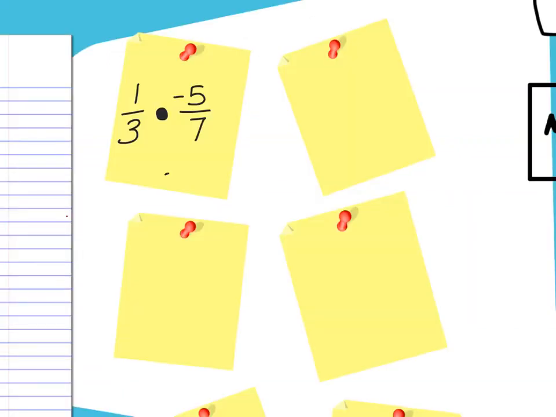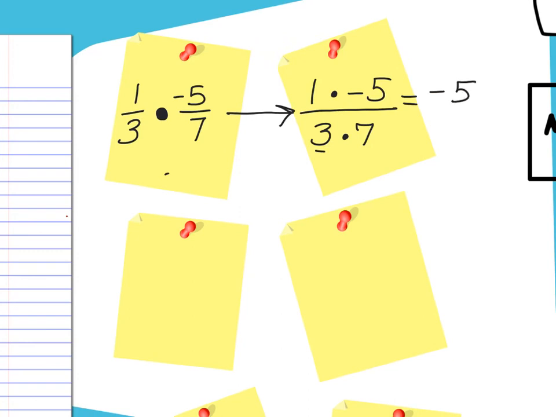In the case of multiplication, you do not need common denominators. So I could take this multiplication problem, like the one on the test, and rewrite it as 1 multiplied by -5 over 3 multiplied by 7, and not worry at all about the denominators. 1 multiplied by -5, I get a product of -5. 3 multiplied by 7, I get 21, so the product is -5 over 21.